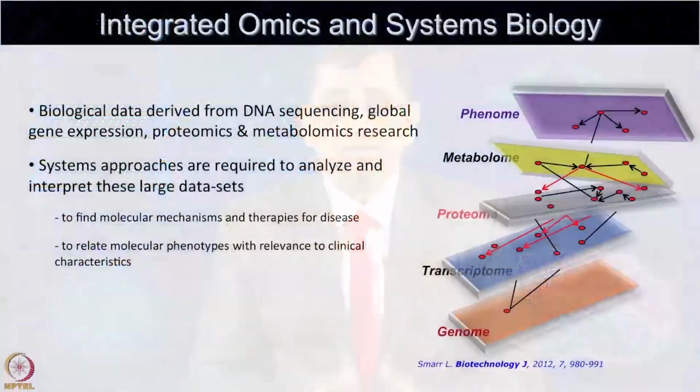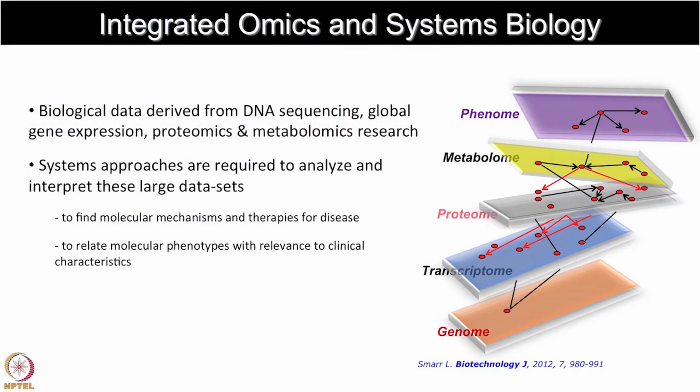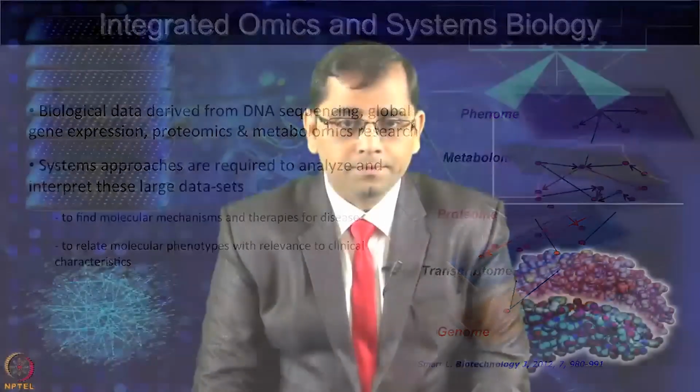And that is where systems biology and integrated omics analysis have really started leading the path of this whole field, and these systems approaches are really required to analyze and interpret these large data sets, which will eventually help us to find the mechanisms of different diseases, mechanisms of different complex biological problems and various therapies for diseases. It may also help us to relate the different phenotypes and what could be the relevance to the clinical characteristics if we are looking at more medical issues.